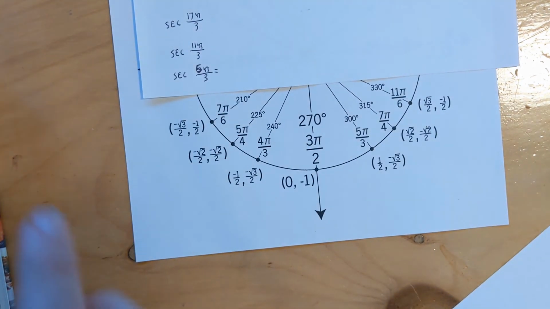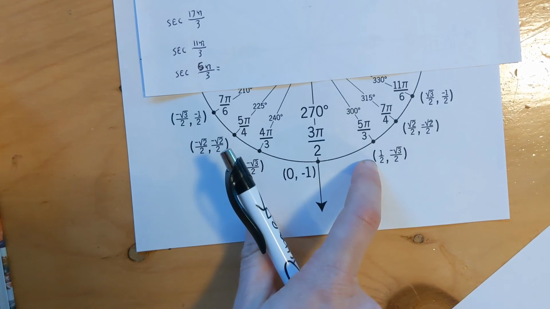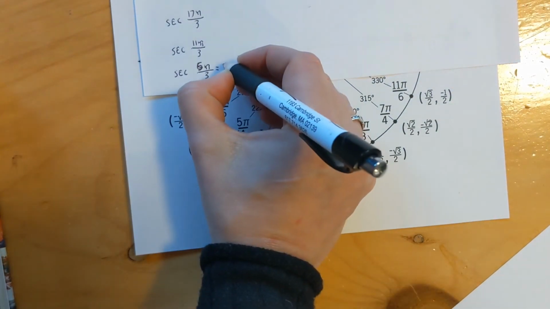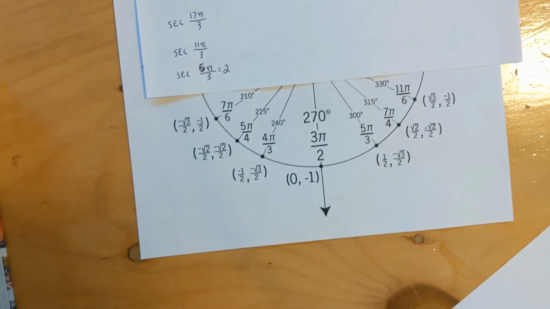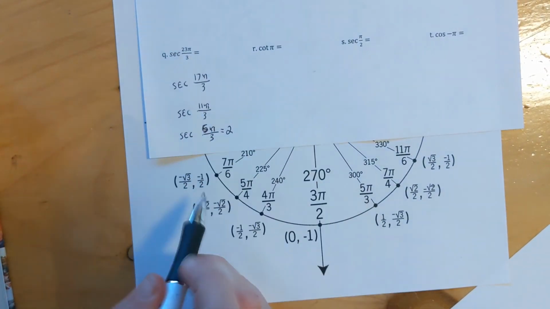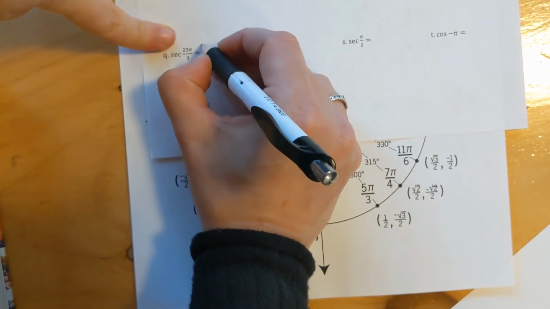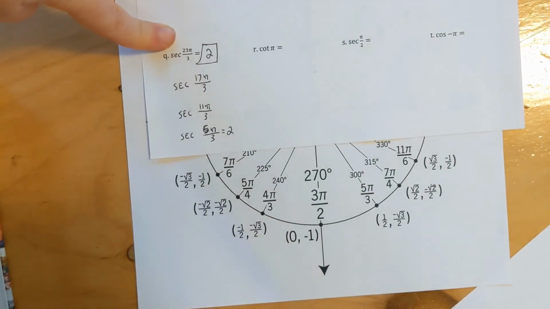Secant is the inverse of cosine. So if cosine of 5 pi over 3 is 1/2, secant is going to be 2. Whew, I'm exhausted. All right. So all of these have the same secant. They're all equal to 2. So my final answer is 2.